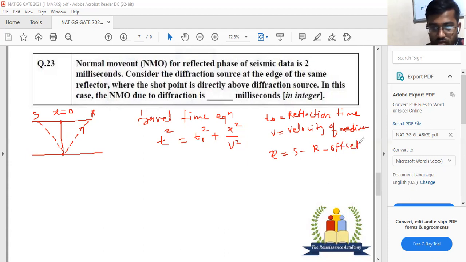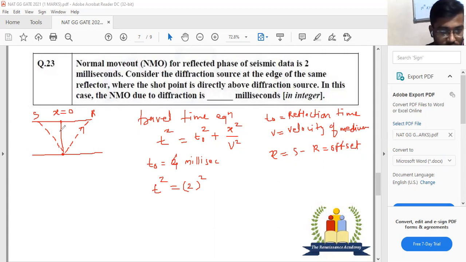Here X is 0. If you substitute the value of X, we have value of T0 as 2 milliseconds. So T square is equal to 2 square, no sorry, your T0 should be 4 here.